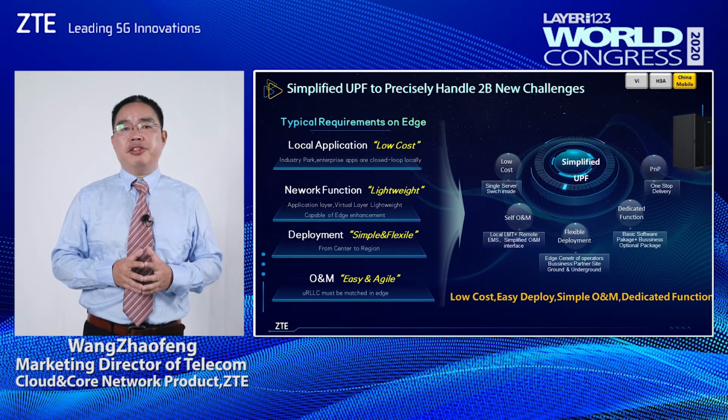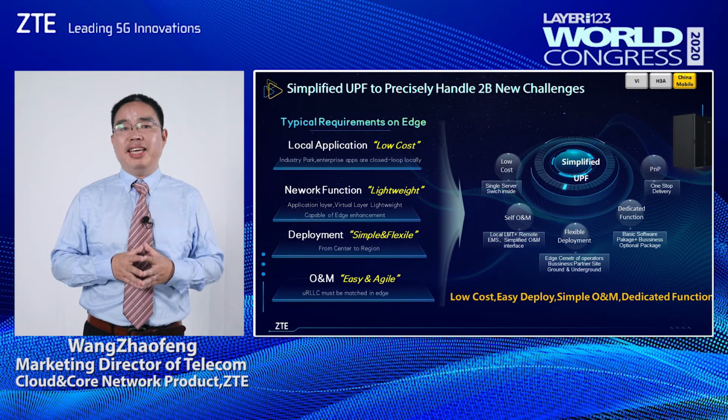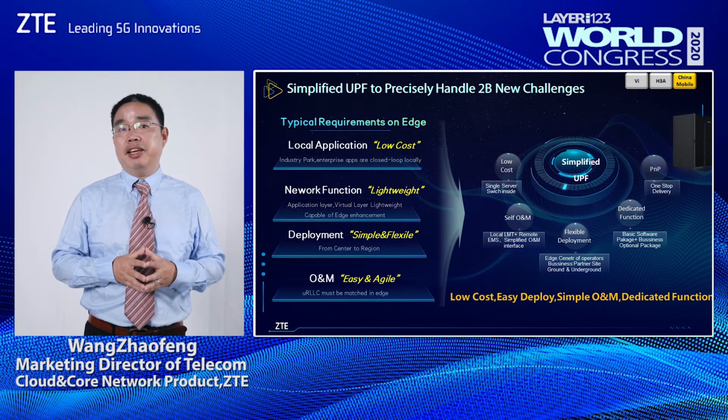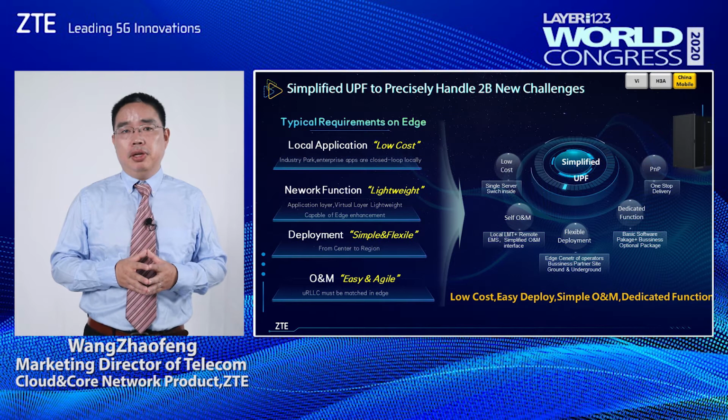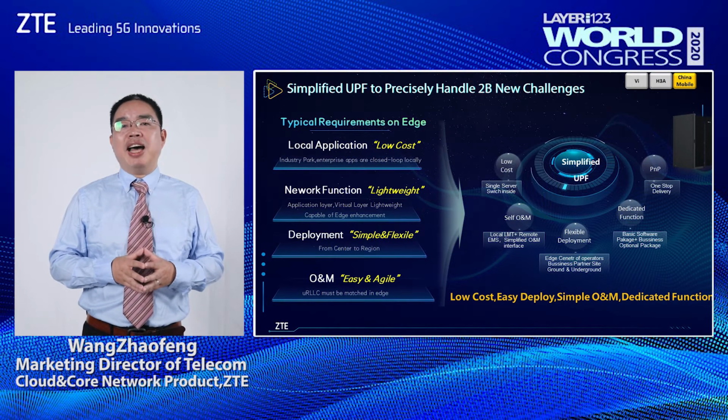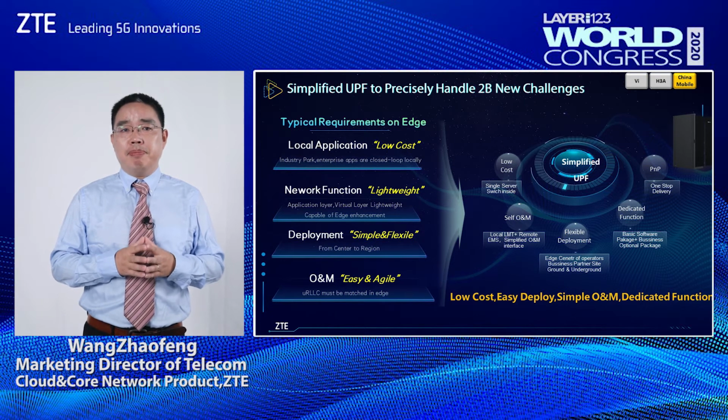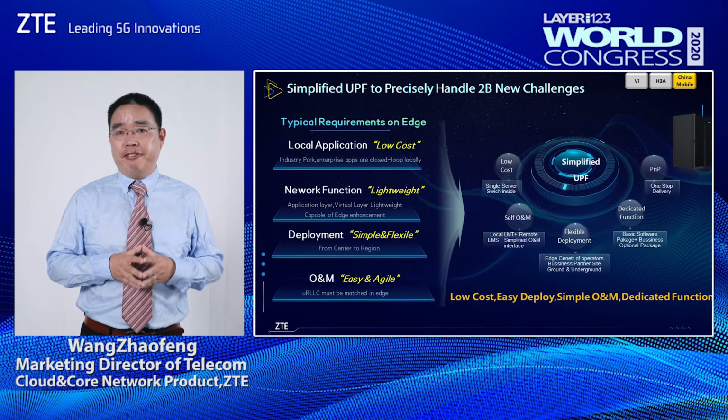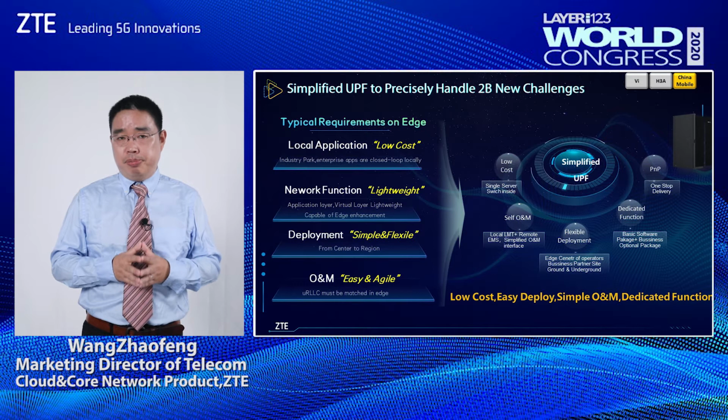The maintenance interfaces are simplified remotely, even in an untended environment. The dedicated integrated hardware on the site can adapt to various complex indoor and outdoor environments or even underground environments, achieving flexible and fast deployment.